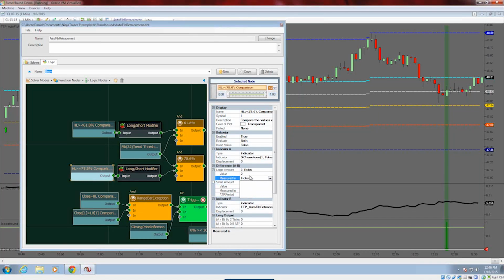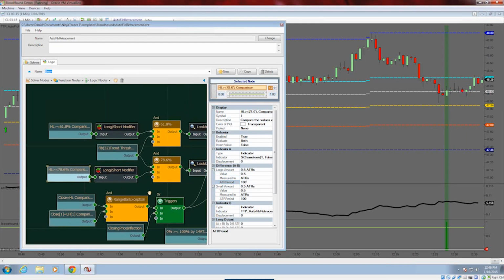So this way, if you're using a 60-minute chart, you won't have to change it to 20 ticks. It'll just take half of the average true range of a 100-period ATR output.